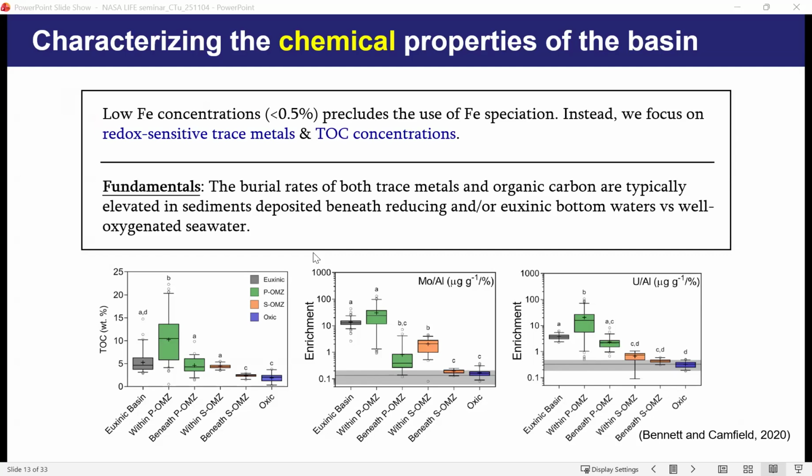Instead, we focused on redox-sensitive trace metals and TOC concentrations. Basically, the burial rates of both trace metals and organic carbon are typically elevated in sediments deposited beneath reducing and euxinic bottom waters compared to well-oxygenated seawater.